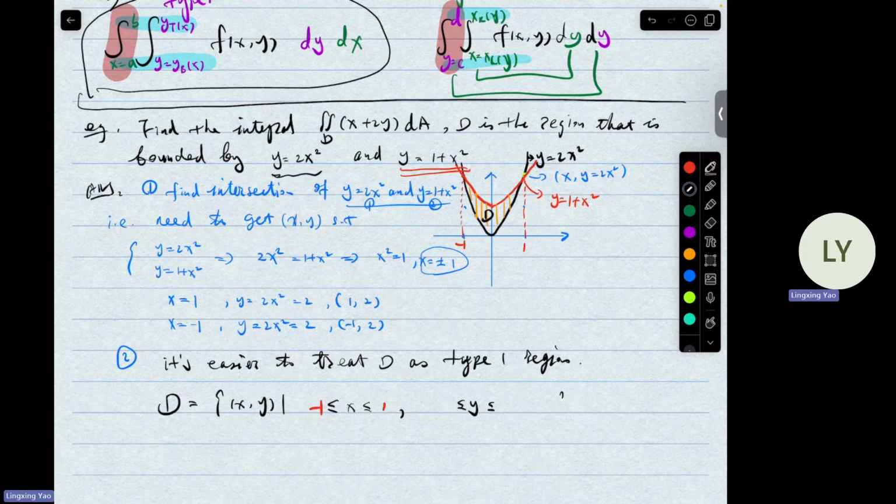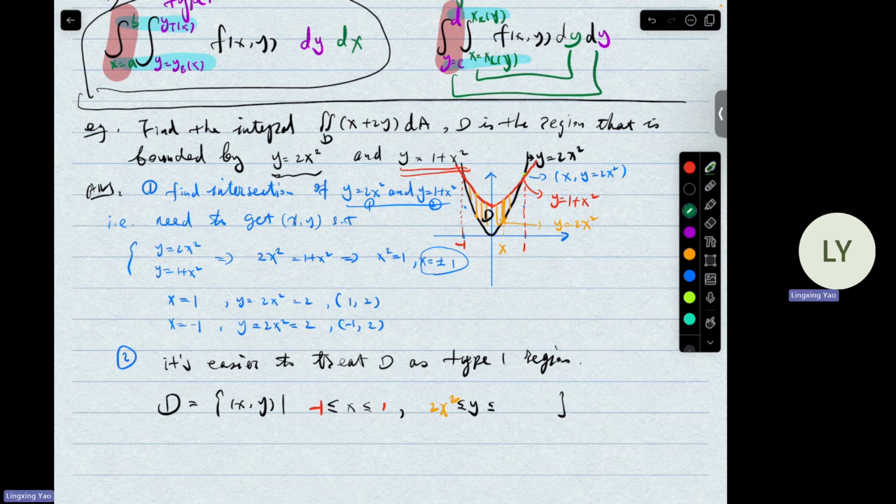All right. So for the y value, then what? If we look at this line segment vertically, and here is one x value, then the lower bound for y is starting at this point, and this point is coming from y equals 2x squared. So the lower bound for the y variable, given any x between -1 and +1, is indeed 2x squared.